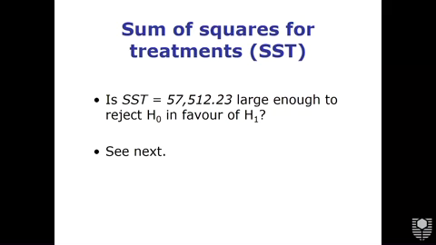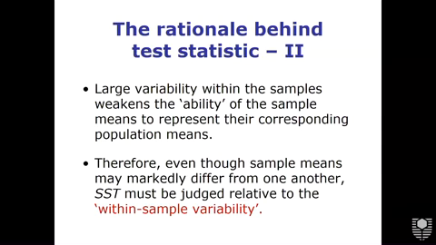If SST is large enough, we reject the null hypothesis and favor the alternative hypothesis. Large variability within samples weakens the ability of sample means to represent the corresponding population means.